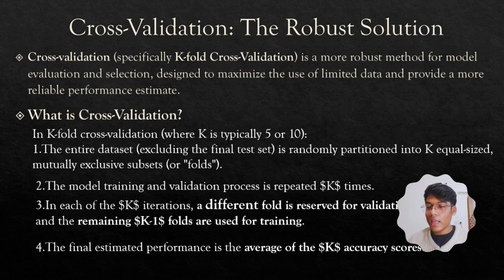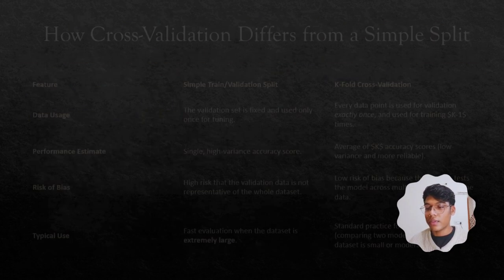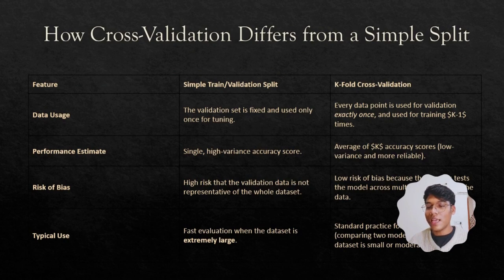The model training and validation process is repeated K times. In each of the K iterations, a different fold is reserved for validation, and the remaining K minus 1 folds are used for training. The final estimated performance is the average of the K accuracy scores.